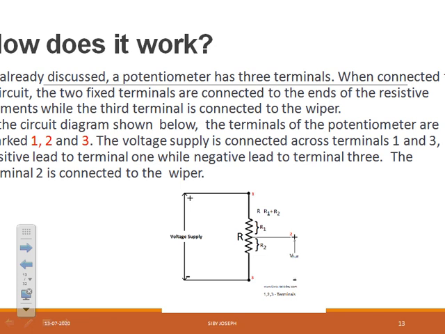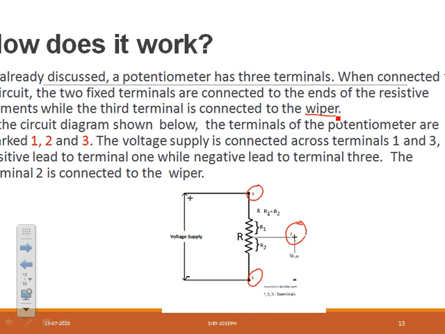From this figure, terminals 1 and 3 are fixed contact terminals and terminal 2 is the variable contact terminal, or wiper. Terminal 2 is called the wiper, and 1 and 3 are called fixed contact terminals.